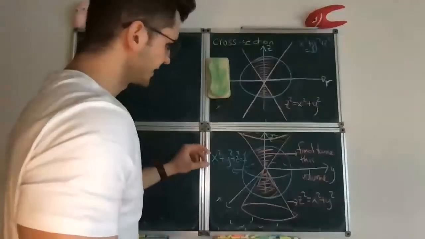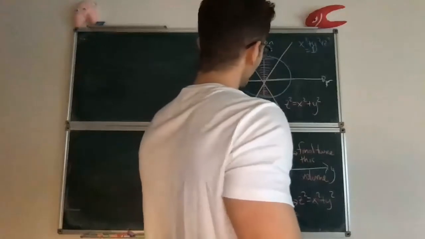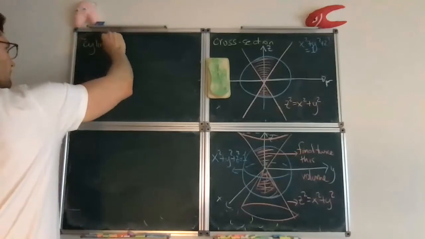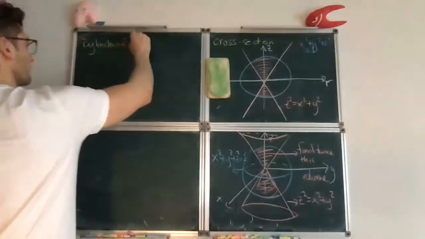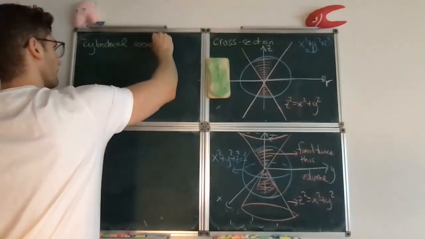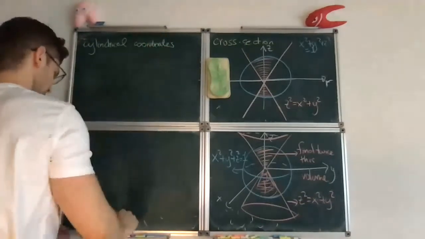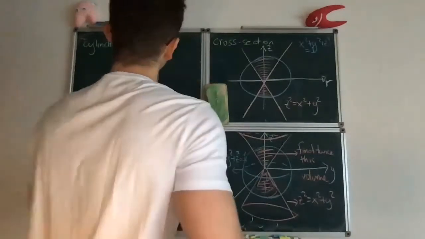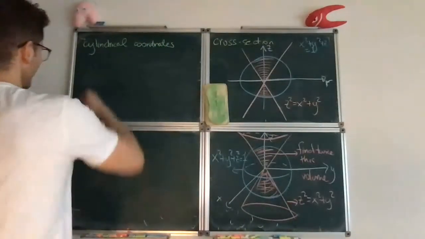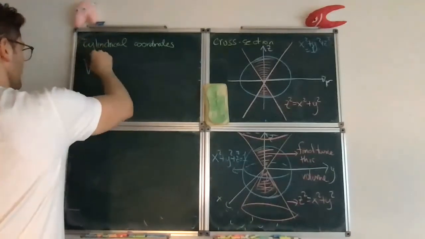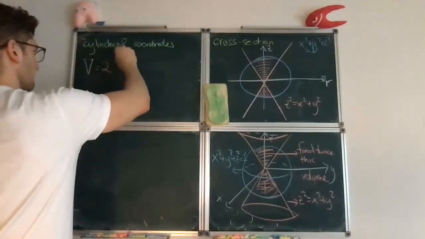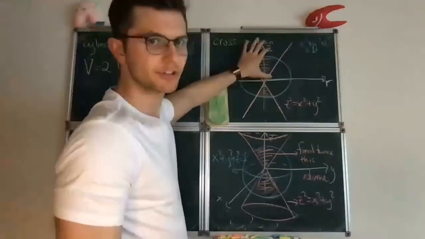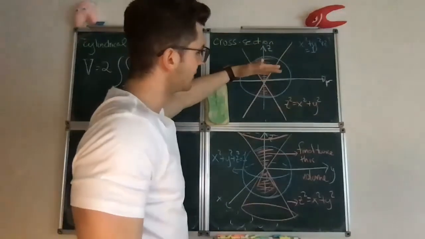So let's set this up first for the cylindrical case. Okay, and so the volume in this case is going to be twice, just twice, because I'm just going to compute a piece above the xy plane.